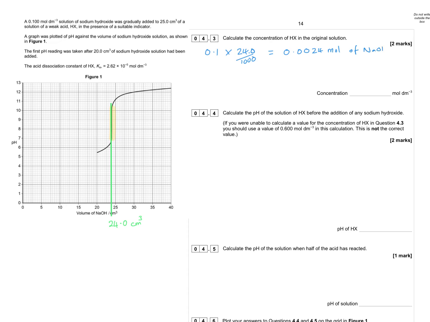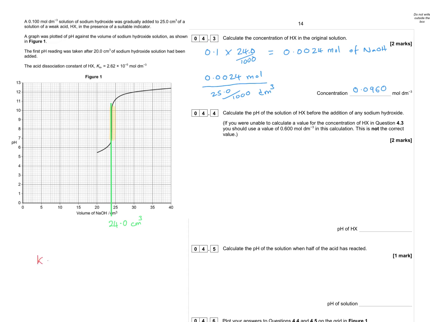And if we know how many moles of sodium hydroxide have been added, and we know they react 1 to 1 because it's a monoprotic weak acid, then if we divide the number of moles by the volume, and we know it was 25.0 centimetres cubed, we will end up with the concentration. So 0.0960 moles per decimetre cubed.